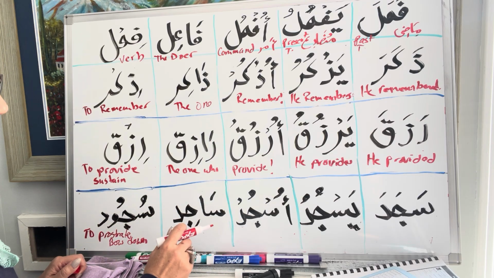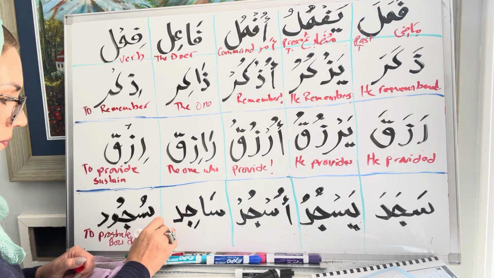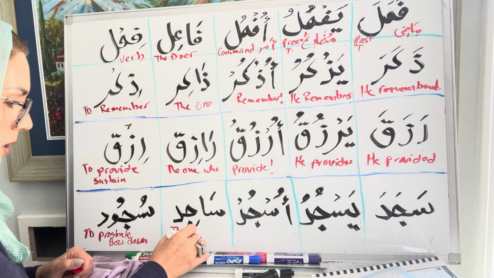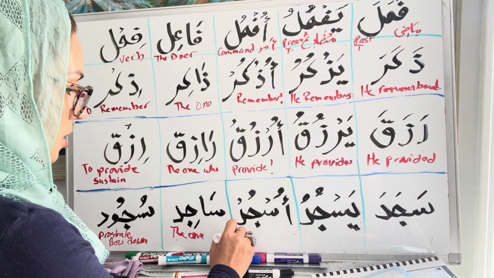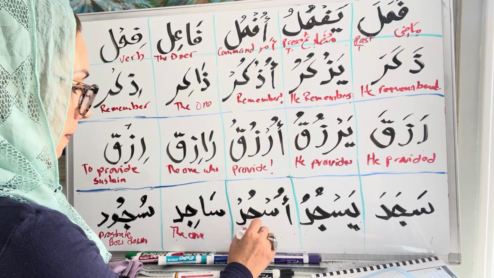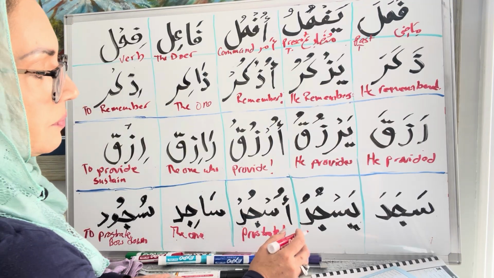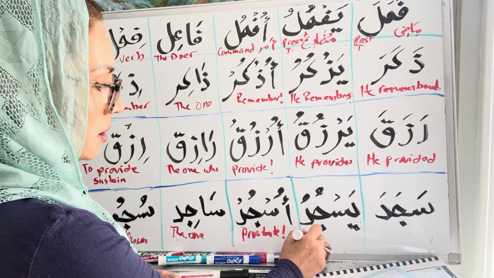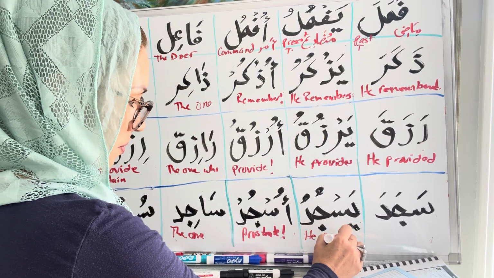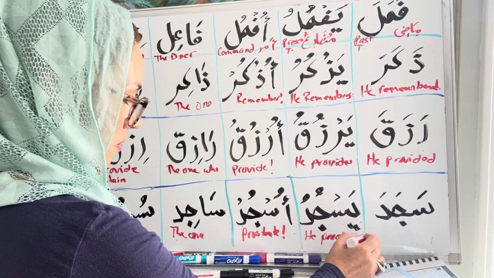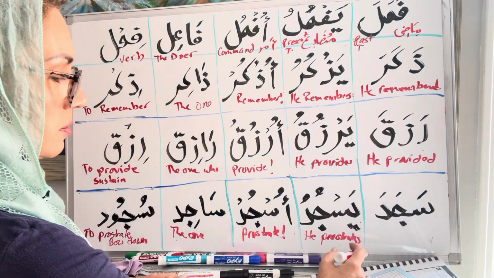Okay, so sajid is the one who is doing the bowing, the one who is doing the action. Usjud means to prostrate, command. Yasjudu, he prostrates, or he bows down.